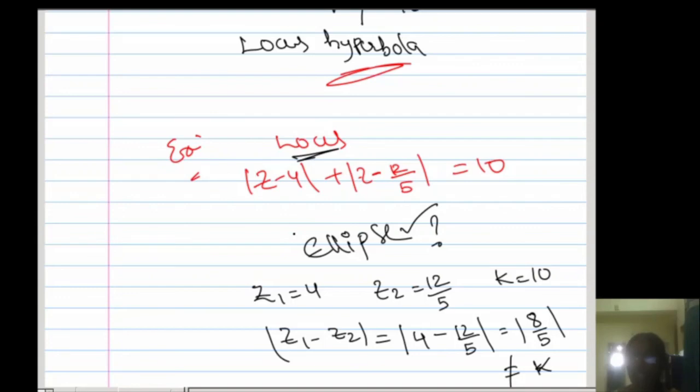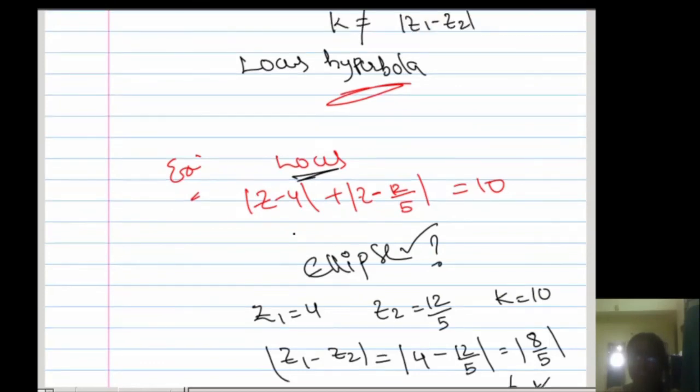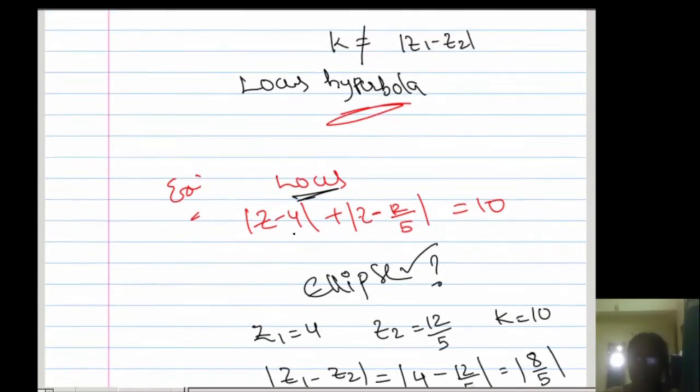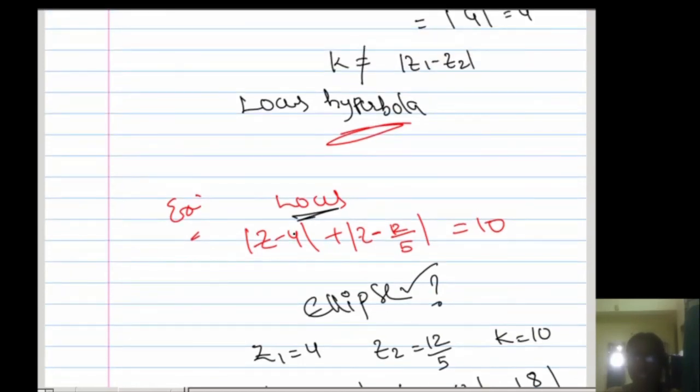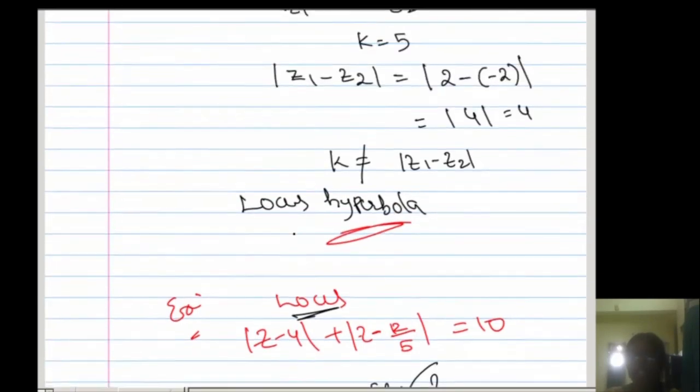But I am explaining shortcut ways: on seeing the equation, you can easily identify whether the locus is a straight line, circle, ellipse, or hyperbola. In objective questions, instead of doing total simplification, if you remember the shortcut methods, you can easily get the answers.